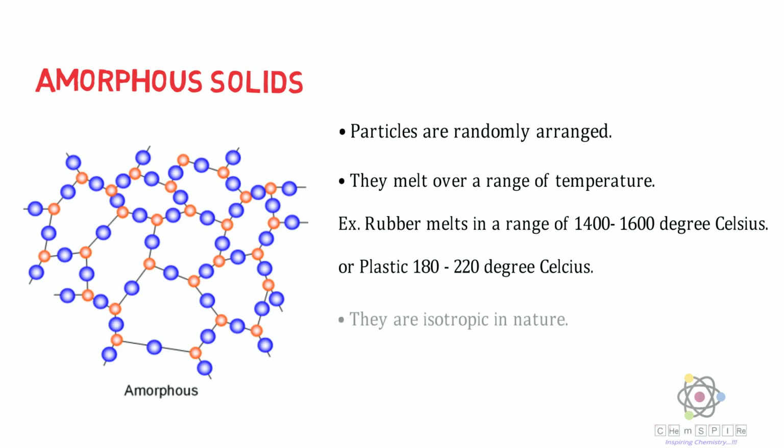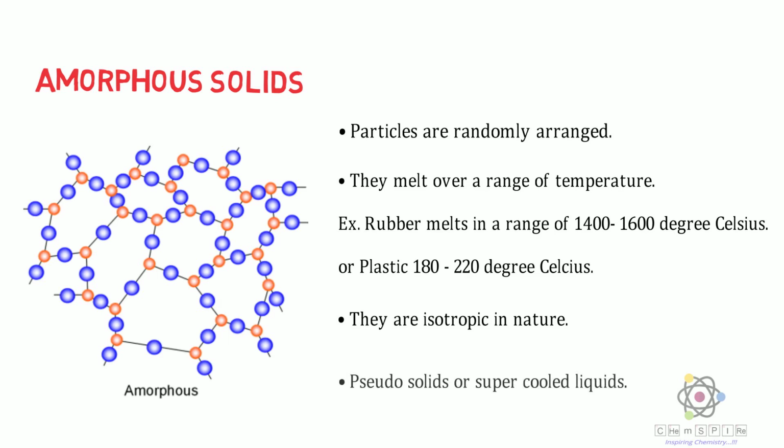Next, they are isotropic in nature. This means that while in crystalline solids the properties change as you change the direction of the crystal, in amorphous solids the properties remain the same as you change the direction, which means they are isotropic in nature.